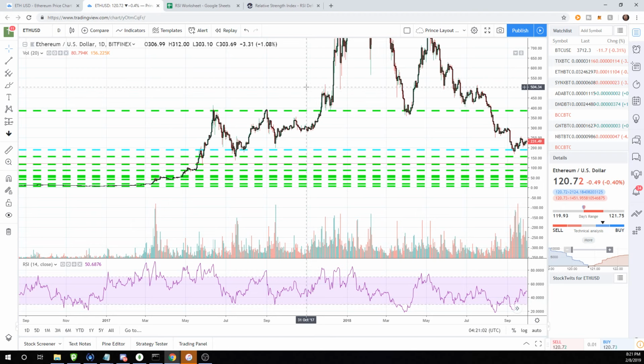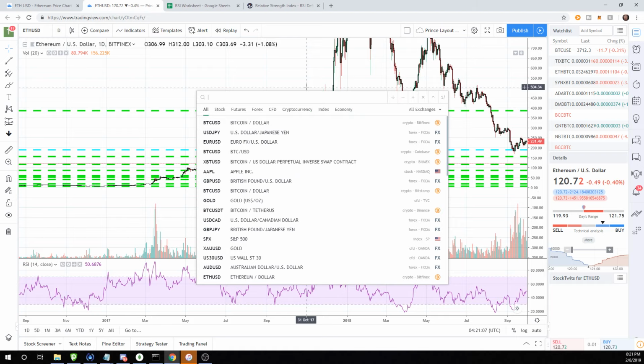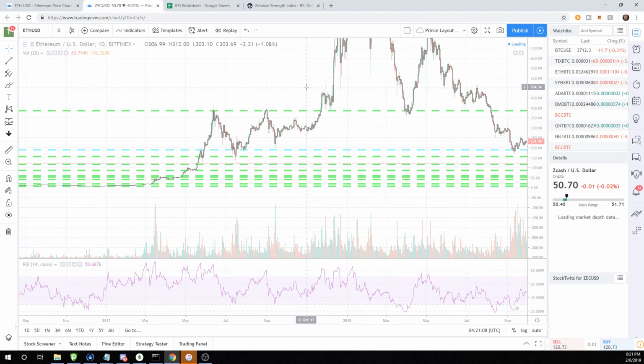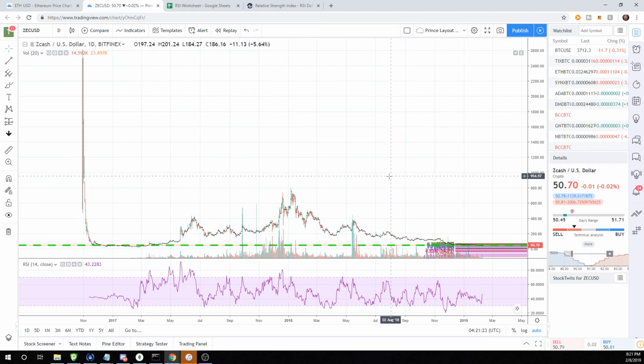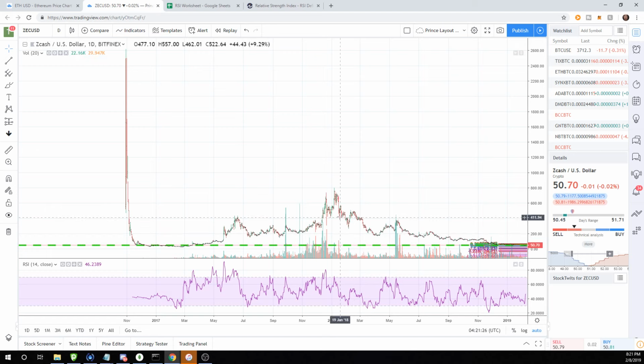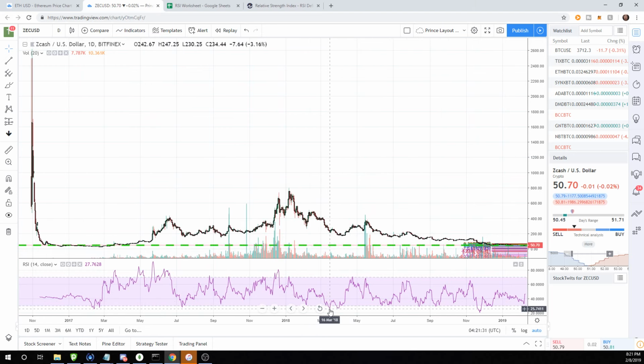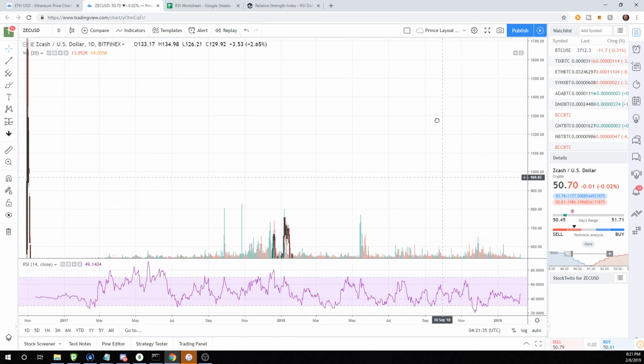And you see this trend over and over again. Let me go to ZEC USD, right? Look at what happens every single time the RSI dips below 30. These are literally the turnaround points. In all cases where the market came up and turned around, this is where the market came up and turned around. The reason for that is because this is what the other traders are looking at.